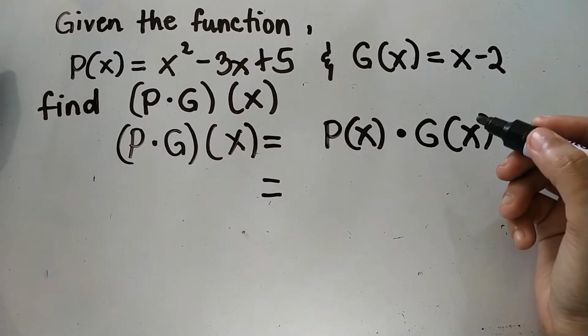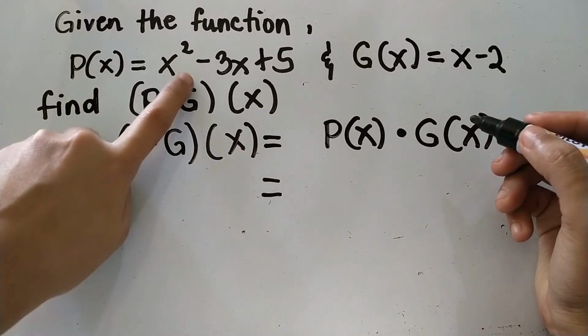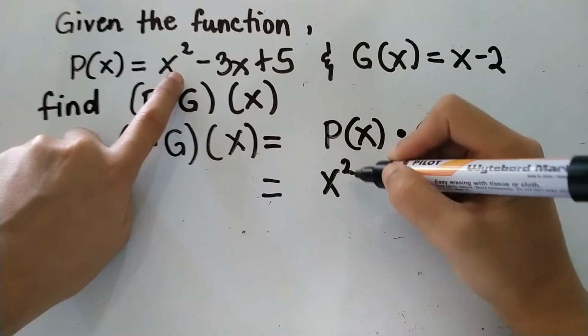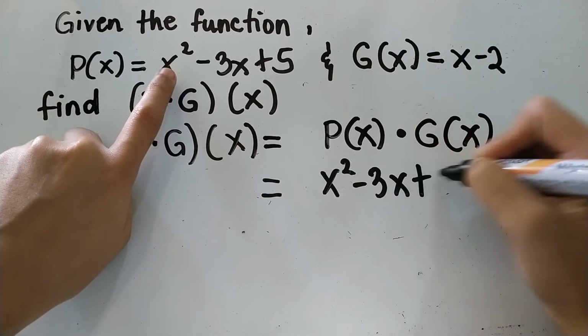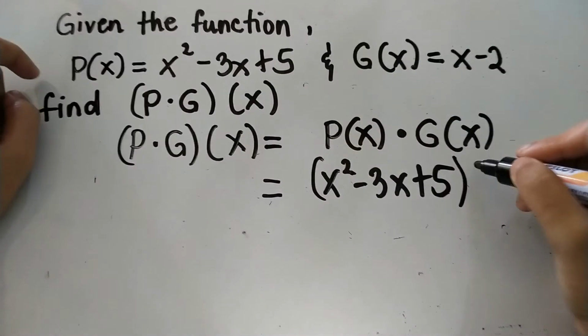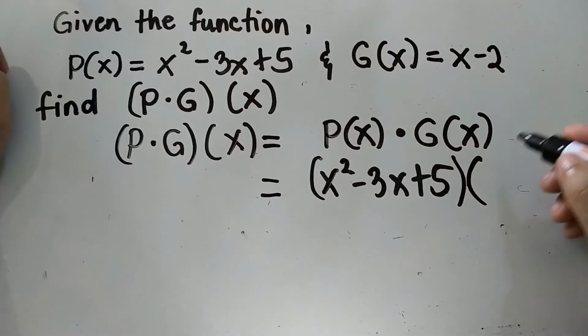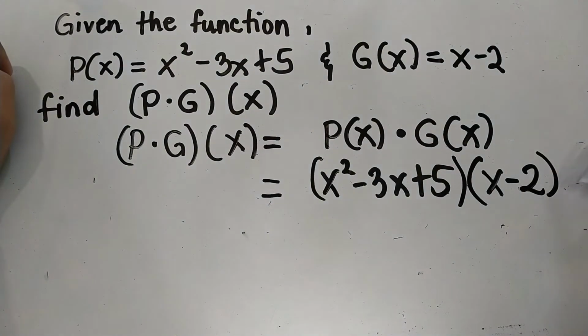In order for us to multiply these two functions, alamin muna natin, what is p of x? P of x is x squared minus 3x plus 5. Then substitute. Then enclose it in a parenthesis, and what is g of x? It's x minus 2.